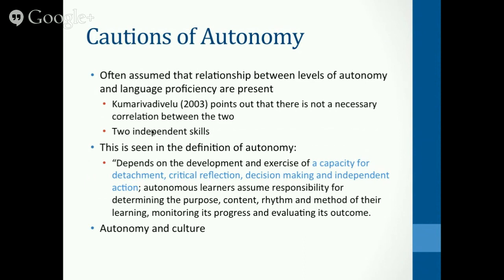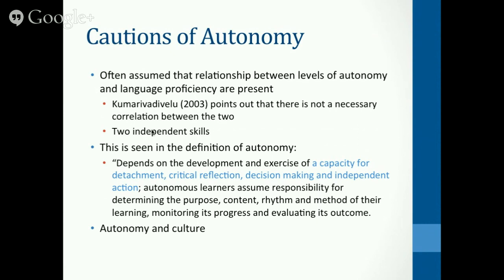One thing we need to know about is a few cautions with the idea of autonomy. There's often an assumed relationship between levels of autonomy and language proficiency, but it doesn't really hold up. Kumaravadivelu points out there's not a necessary correlation between the two, mainly because they're two independent skills.